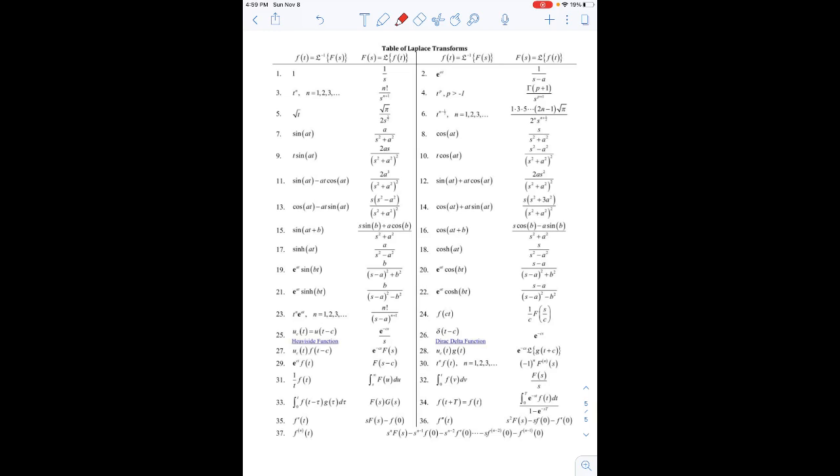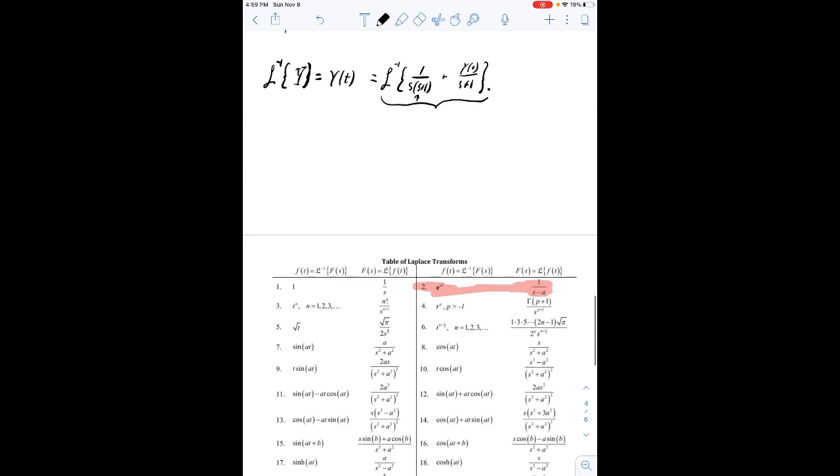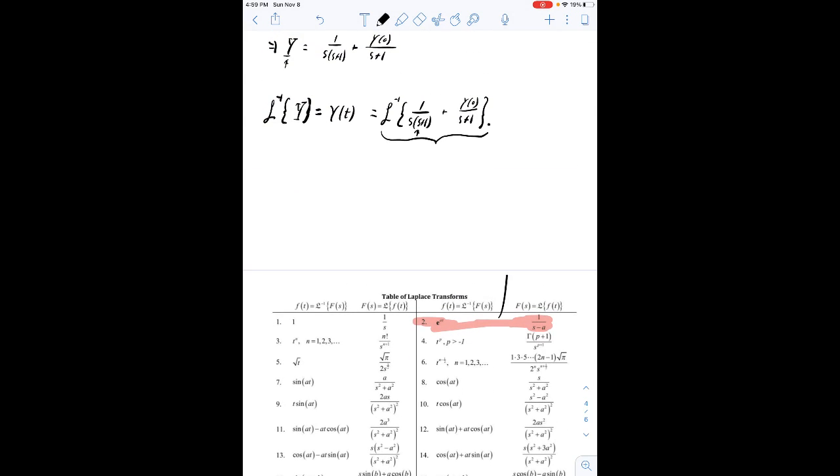Looking at a table of Laplace transforms that I found online, we notice this term right here. e to the at has a Laplace transform of 1 over s minus a, where we can see a right there and right there. This looks awfully familiar to this up here, on this side specifically.